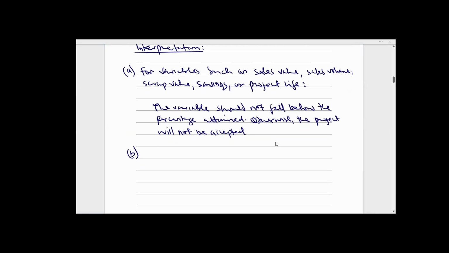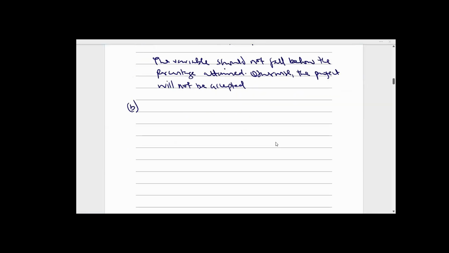The second interpretation is for variables such as initial outlay, variable costs, incremental, attributable, or specific fixed cost, cost of capital.